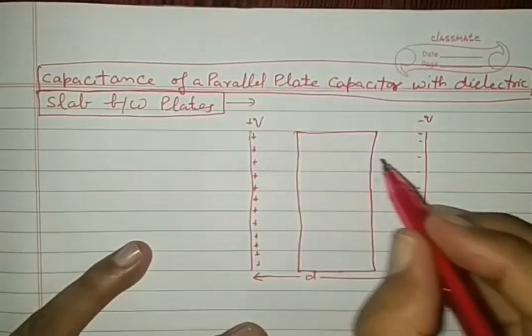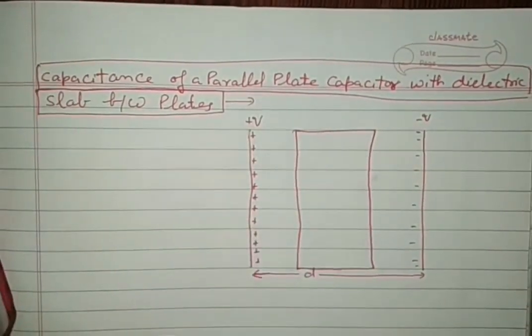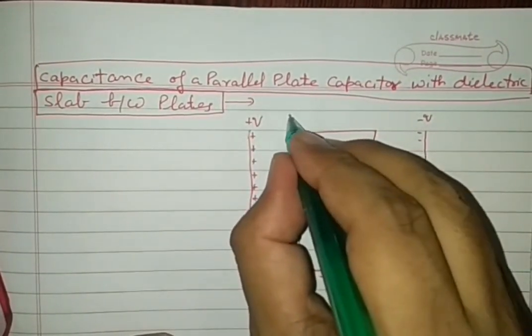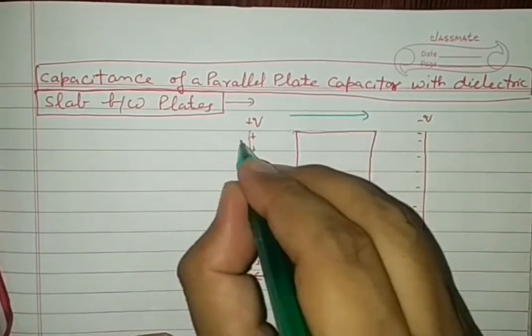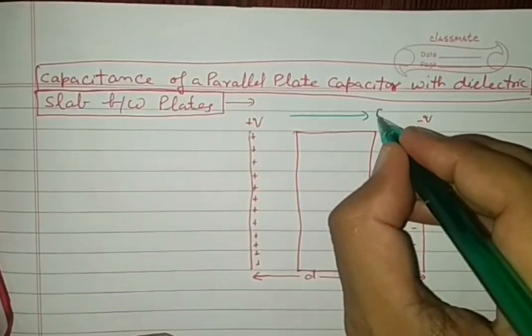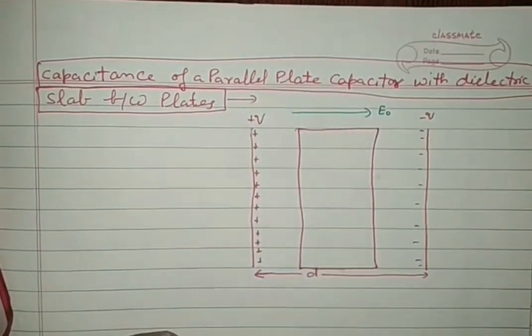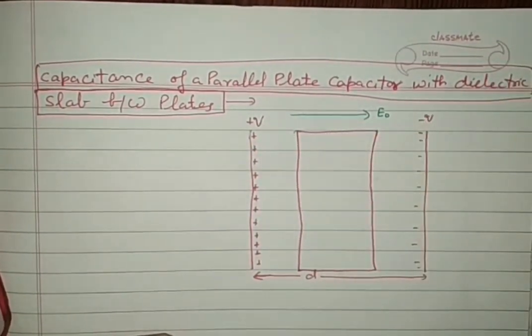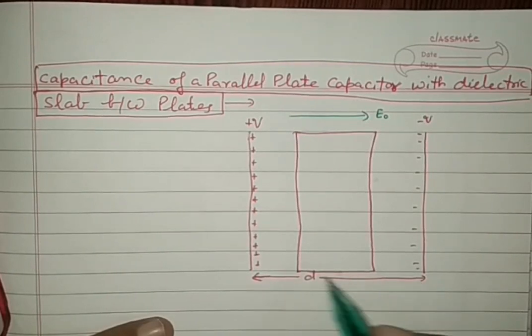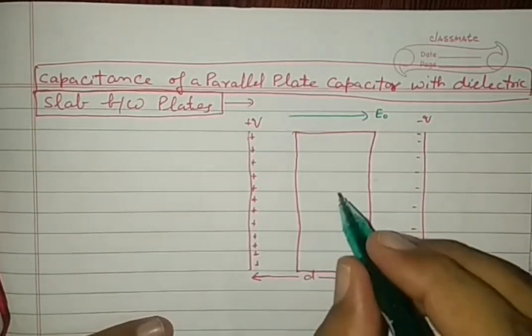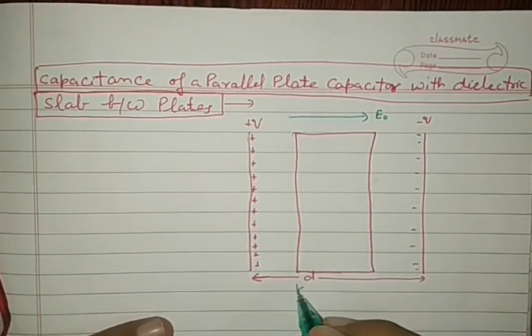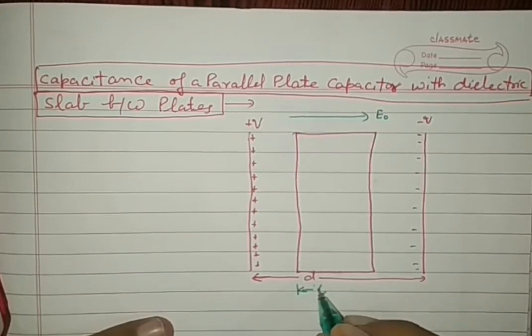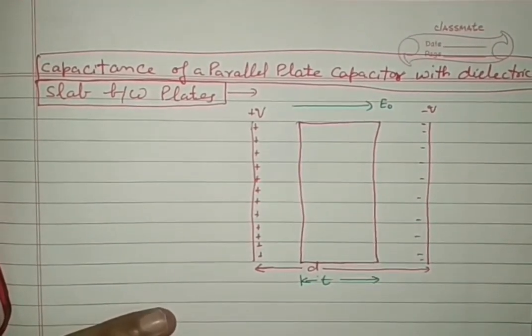Before putting this dielectric slab, let the electric field intensity due to the two parallel charged plates be E0, represented from the positive plate to the negative plate between the plates. And a dielectric of thickness T is placed between them.